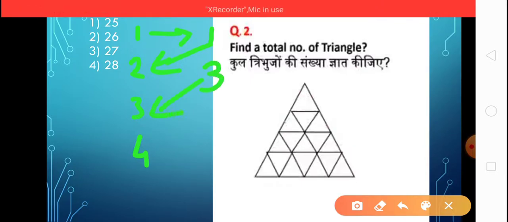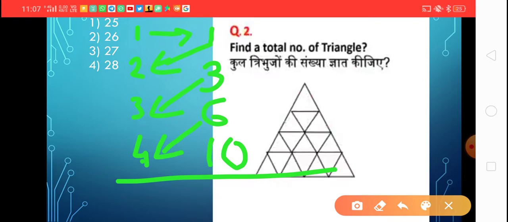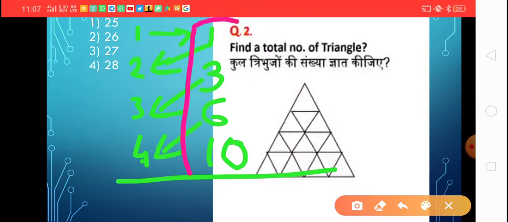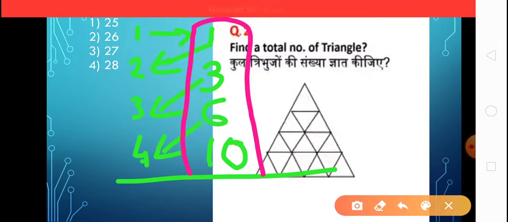Then this 3 we have to add to this 3, it comes out to be 6. Then this 6 to this 4, it comes out to be 10. Now we have to add all these. 10 plus 6 is 16, 16 plus 3 is 19, 19 plus 1 is 20.